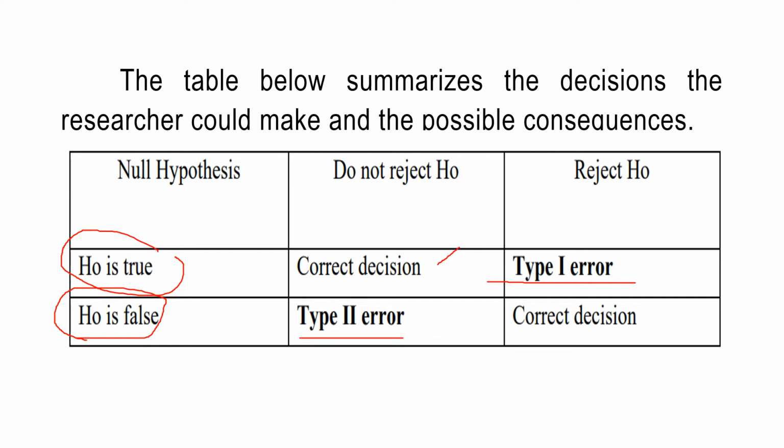Because our correct decision, once your null hypothesis is a false statement, is to reject your null hypothesis. So that will be your correct decision if your null hypothesis is a false statement.